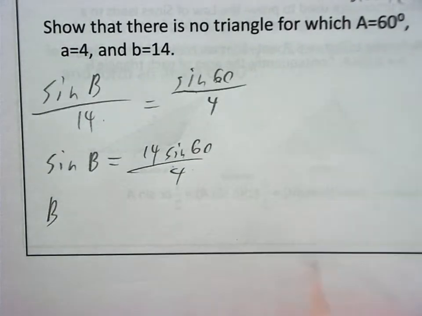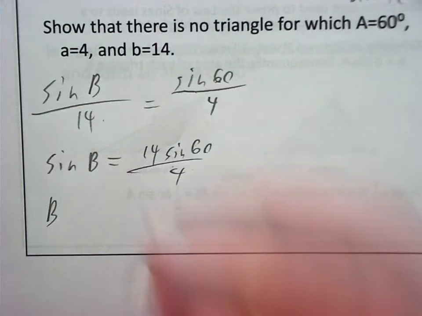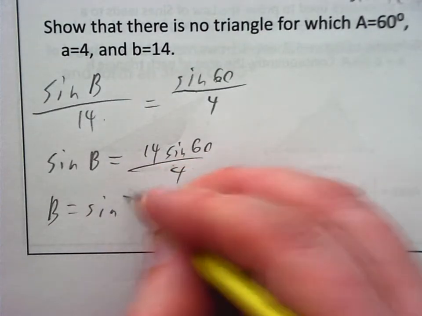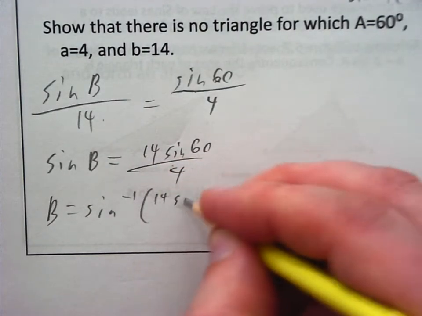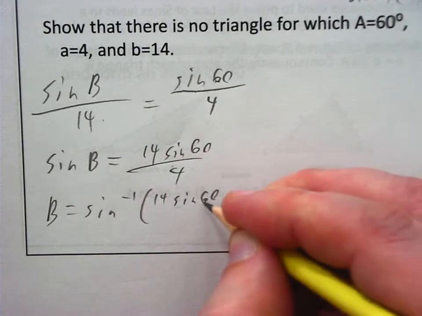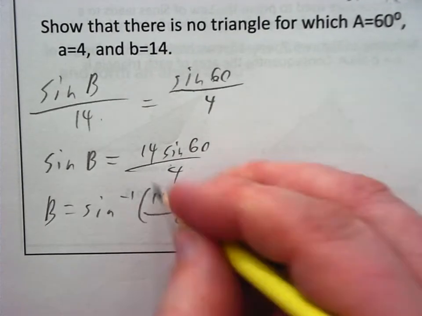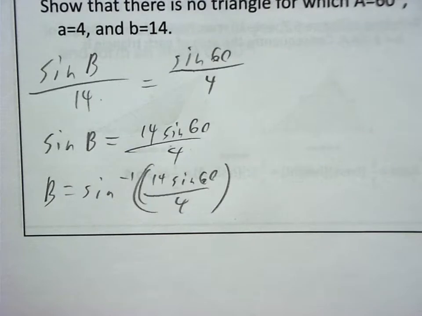Well, how do I find B? Don't overcomplicate this. How do you get B by itself? Inverse sine, yeah. So do the inverse sine of that fraction. And I type this all in at once on the calculator, so I don't have any rounding errors going on that could screw up anything else.